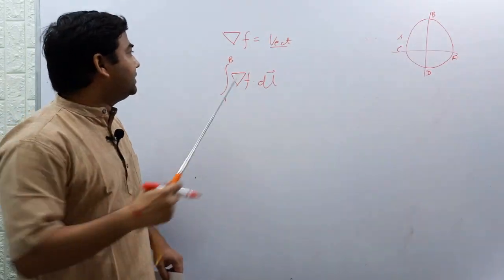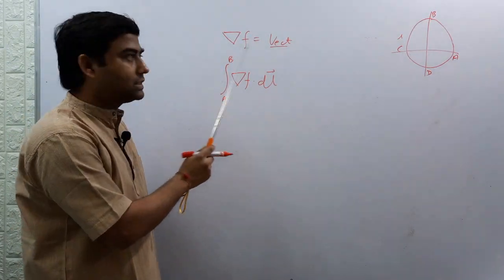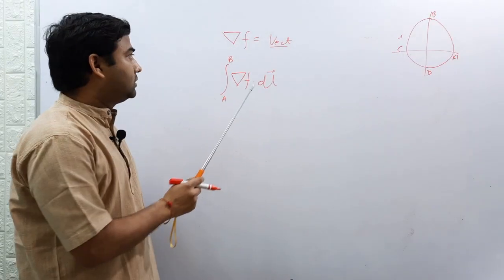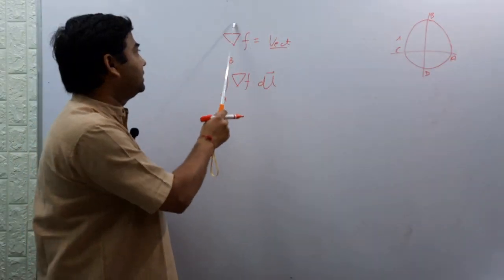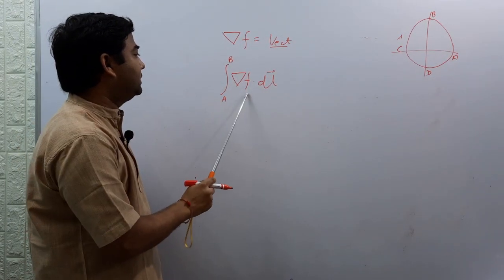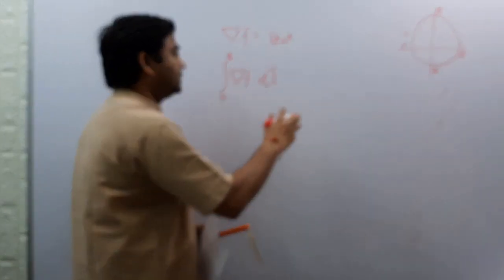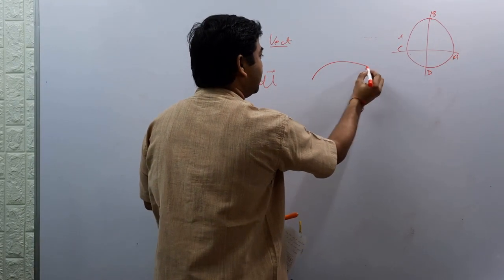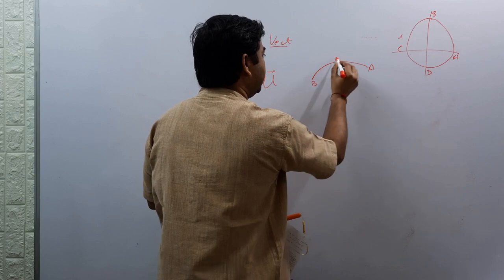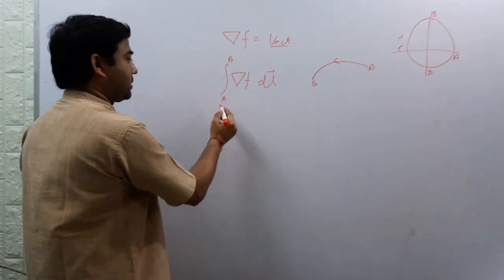So the gradient of a function, which we have discussed, is a vector field. So the line integration of this vector field along a curve, let this be a curve from A to B.